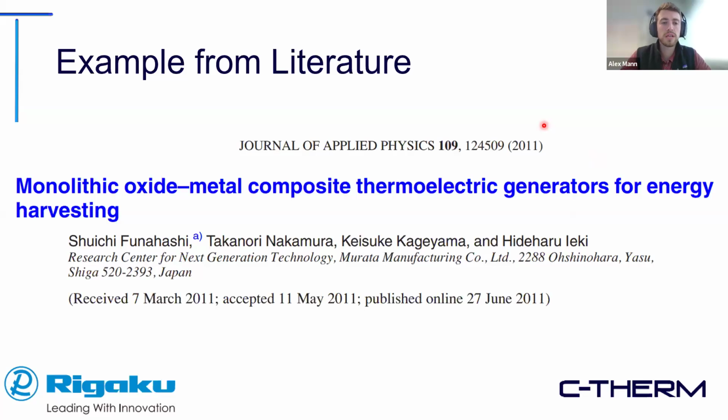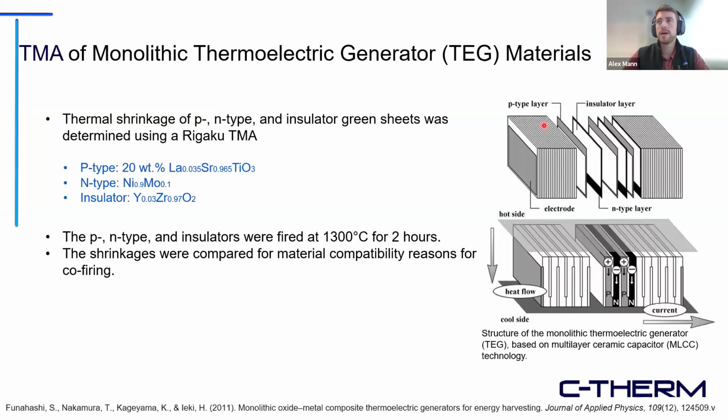So real quick, we're going to take a look at an example from literature that was done using the Rigaku TMA, the monolithic oxide metal composite thermoelectric generators for energy harvesting. So what they did was they have a thermoelectric generator, which is a bunch of layers stacked on top of each other. And these were green body ceramics, meaning that they were not fired.